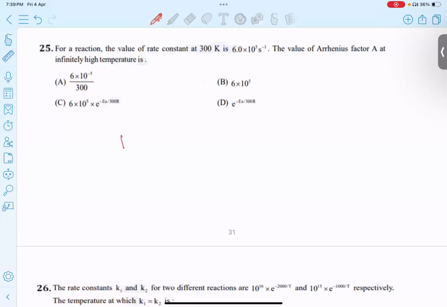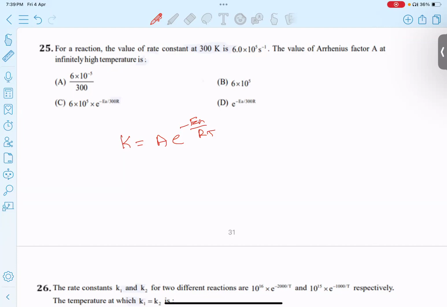The Arrhenius equation is K is equal to A into e to the power minus EA by RT. When the temperature increases, the rate constant K also increases.